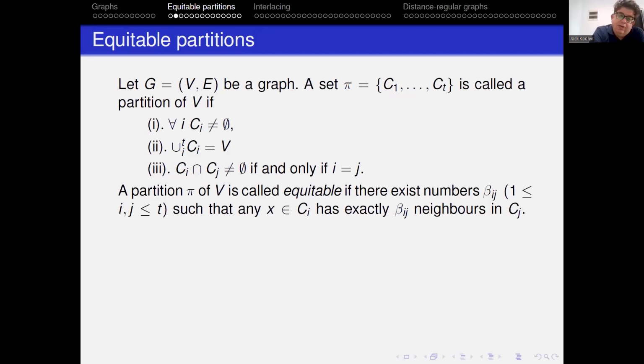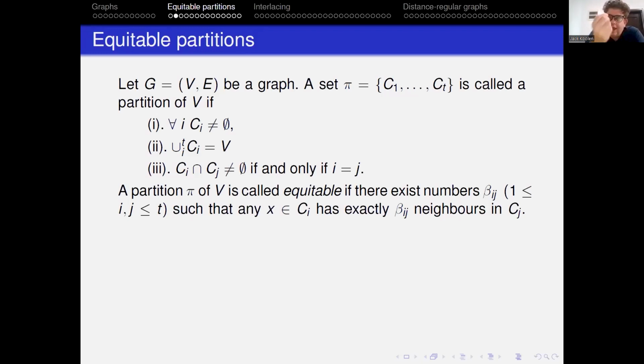So now if we want to use the term equitable, if you take a vertex x, and you take a part Tj, then the number of neighbors of x in Tj only depends on which part x lies in. And that is what it is.